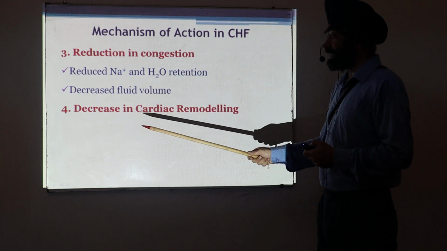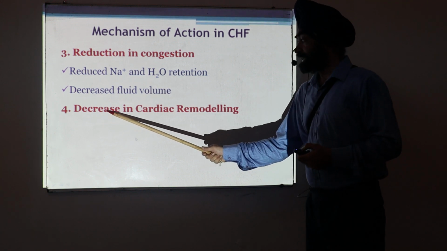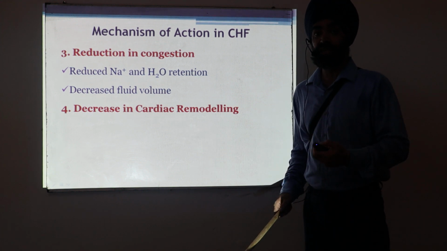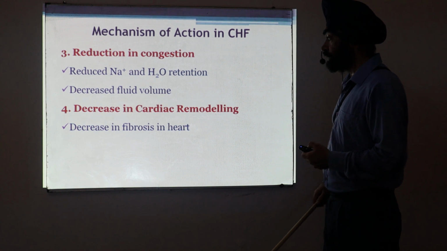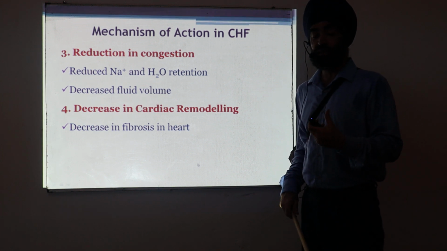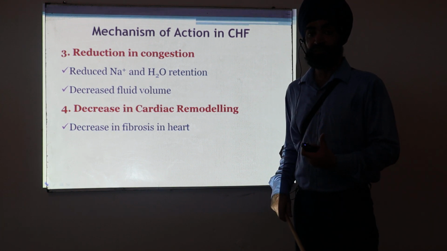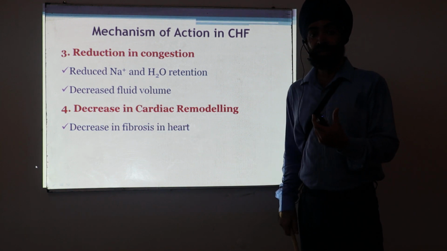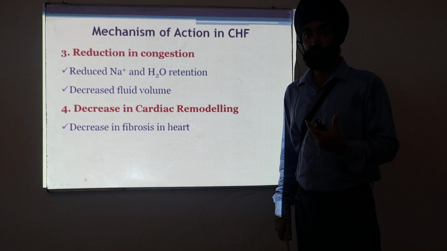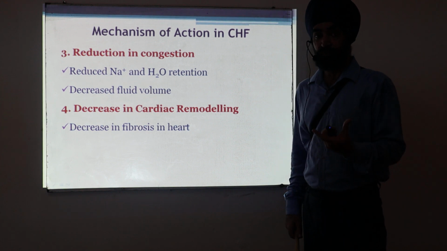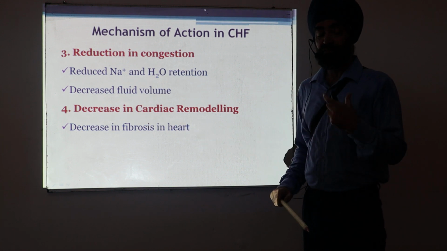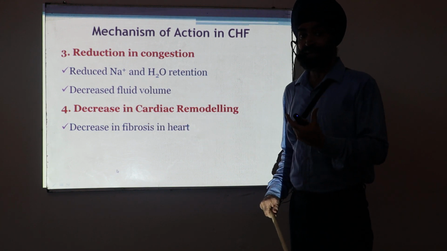And another very, very important mechanism: decrease in cardiac remodeling. Remodeling means restructuring, reshaping. What happens is that if there is long-term CHF, then fibrosis takes place in the heart. Fibrosis means the contractile portion of the heart, the functional part of the heart, is slowly replaced by fibrous tissue. Fibrous tissue is not contracting.